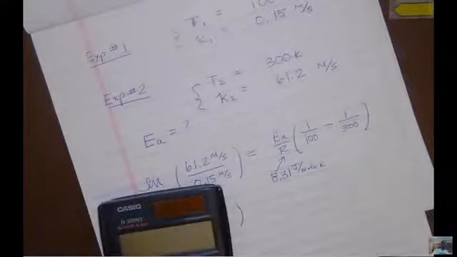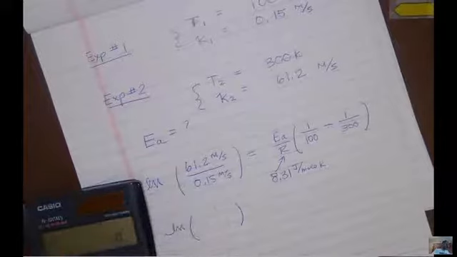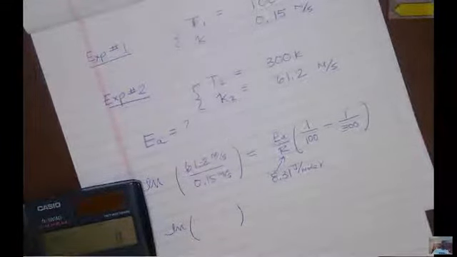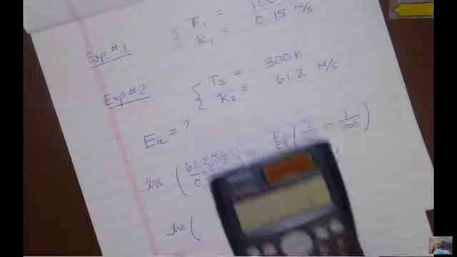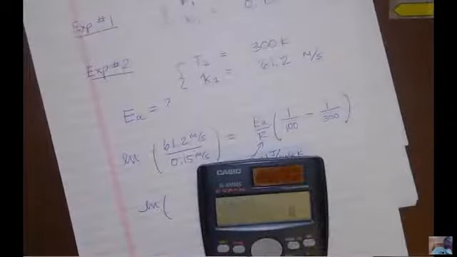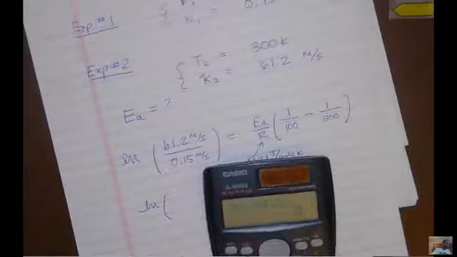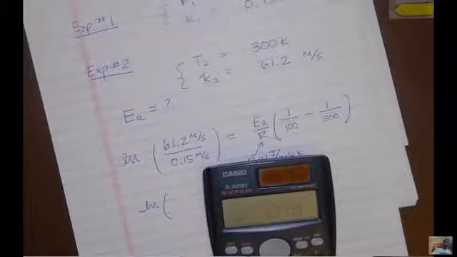All right, so I'll do this part, the left-hand side. ln, parentheses, 61.2 divided by 0.15, close the parentheses. Hopefully I didn't accidentally hit something.